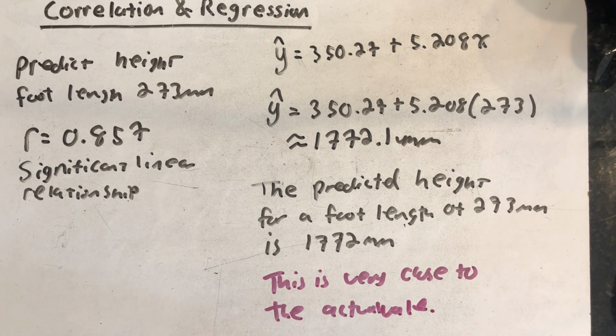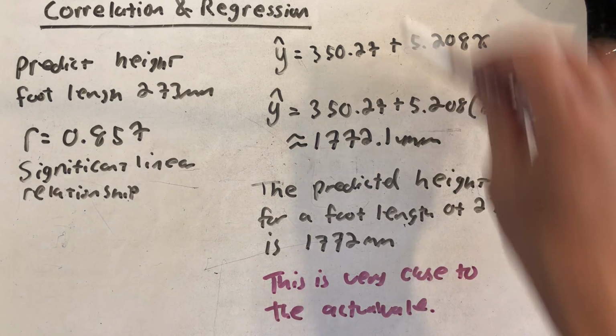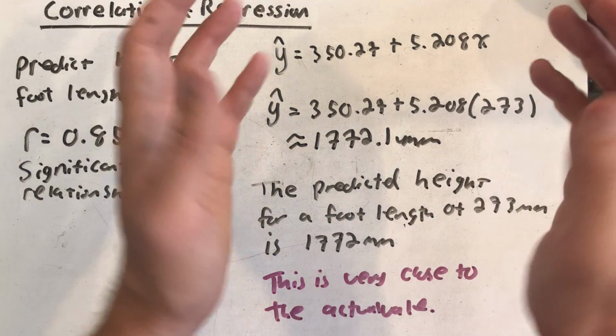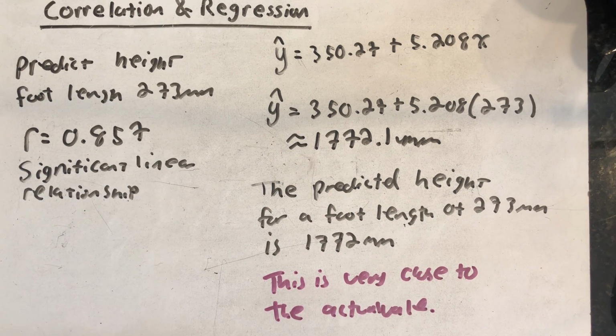So, meaning to me that this is doing a good job, that since there is a significant linear relationship, this is doing a very good job of making that prediction.